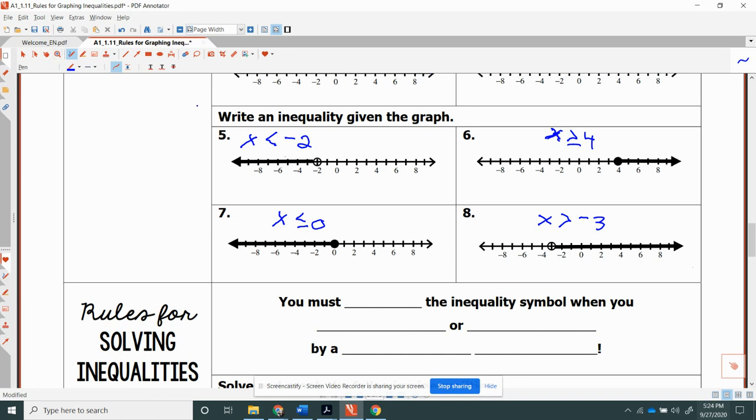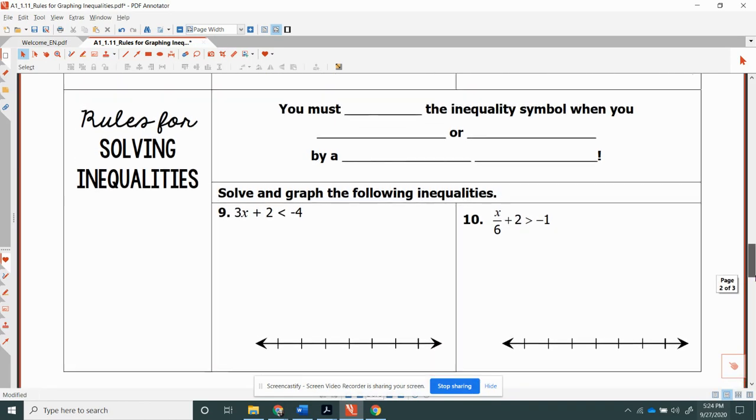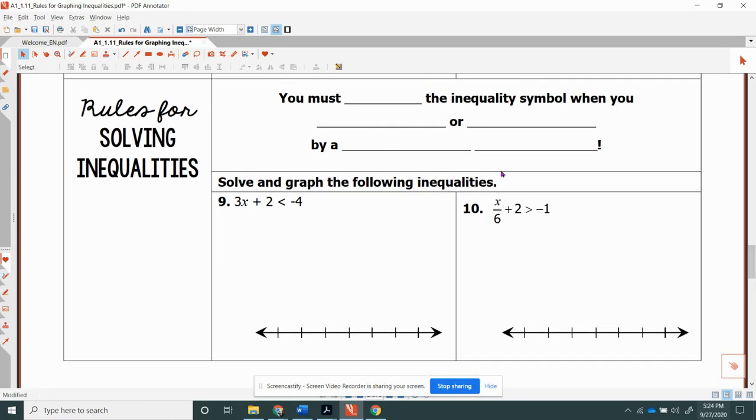Okay, let's move on to solving some inequalities. Very important thing here. This you must remember, you must memorize. It's pretty easy, but I don't want you to forget.